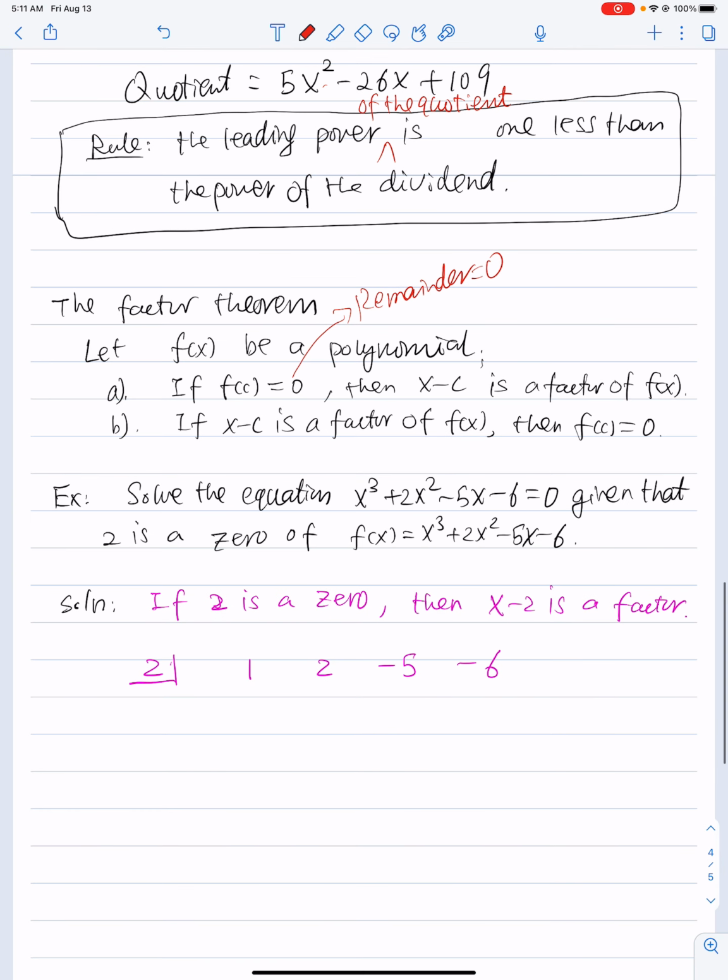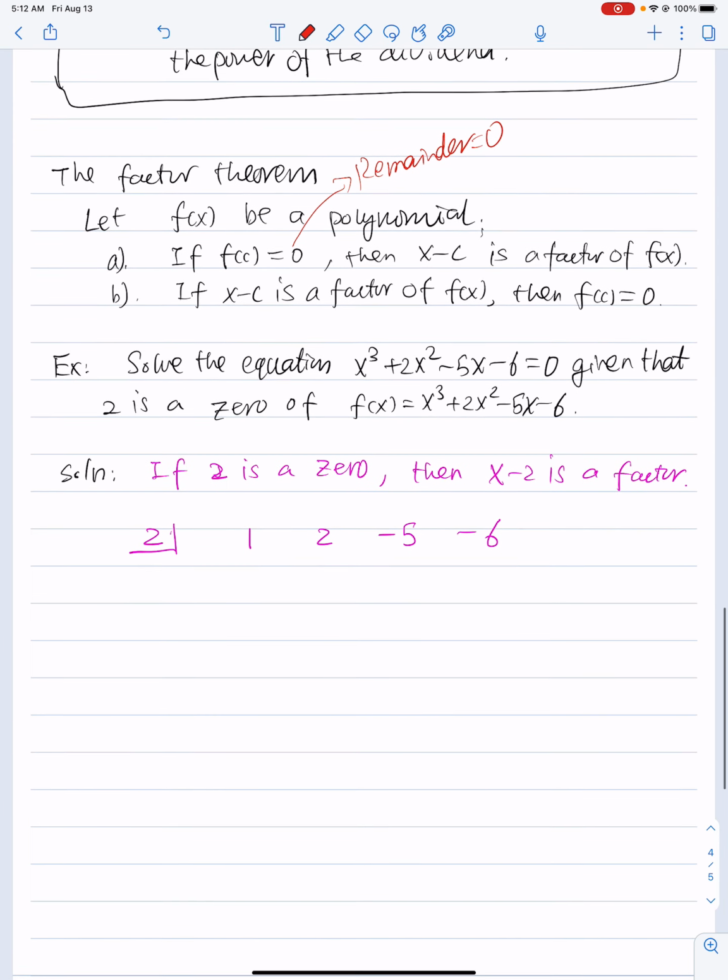Okay, so we wanted to apply this. So solve the equation x cubed plus 2x squared minus 5x minus 6 equals 0, given that 2 is a 0 of this. Okay, so how could we use this? So 2 is a 0. If 2 is a 0, what does this mean?